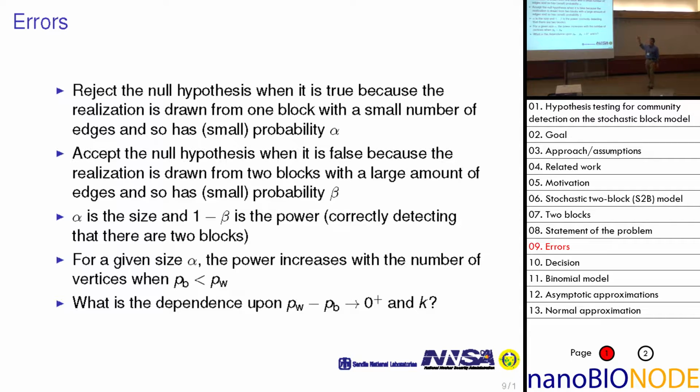That's called, in the literature, a probability alpha, and then there's the related probability beta. Alpha is the size, and 1 minus beta is what's called the statistical power. That's our belief in correctly detecting that there are two blocks. So the idea is some code says, here are the two blocks. We look at the data and see whether that result is anything more than a random result.